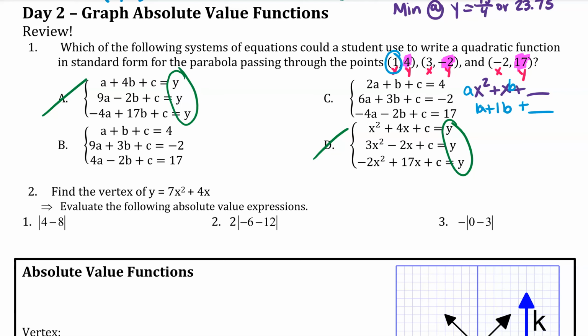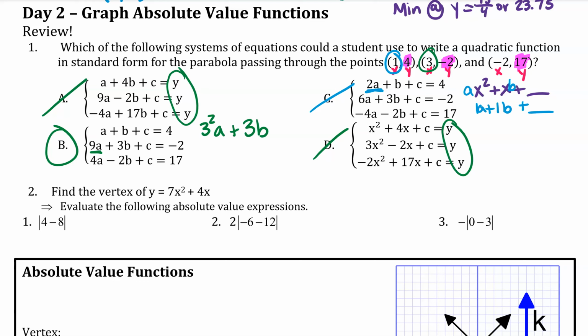If you look at B and C, C has 2a right there, and you shouldn't have that. You should always have it squared. You can also check the rest of them, because yes, it should be B. Your other x is 3, so you should have 3 squared times a plus 3b, and that's what you have right here. You have 9a, so that works. And then same thing with your other ones.